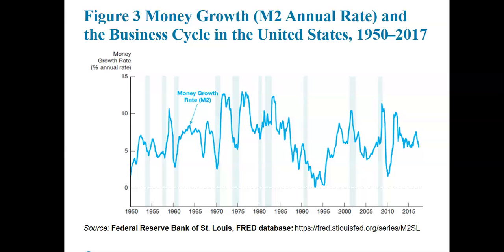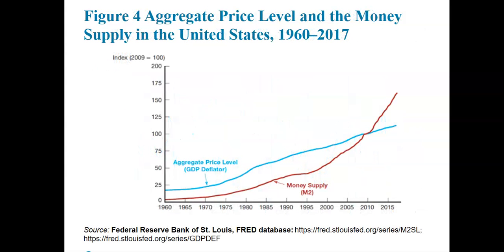This graph shows how the money growth rate has changed over a variety of years in the United States and the business cycle in the United States. This graph looks more at the aggregate price level. So how have our prices changed in relation to our money supply?